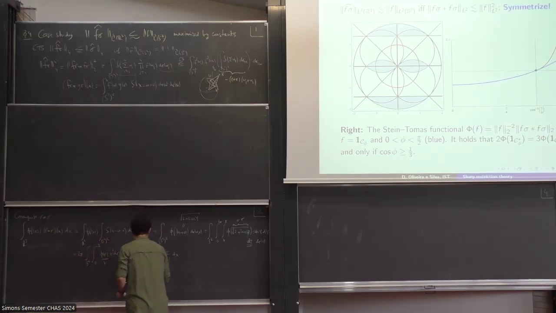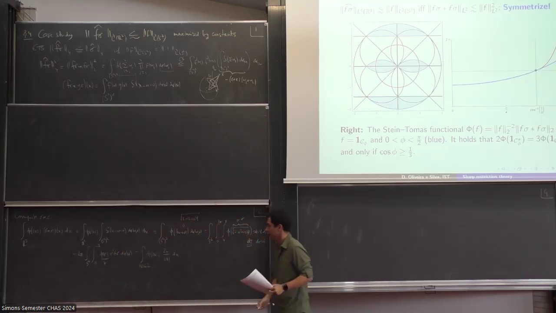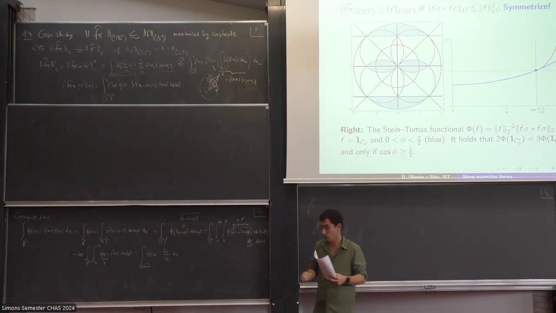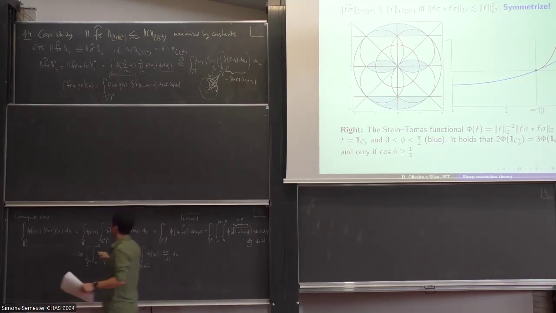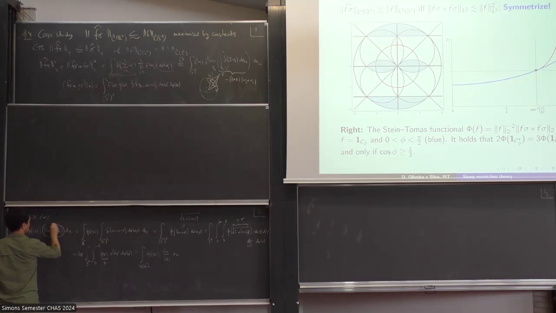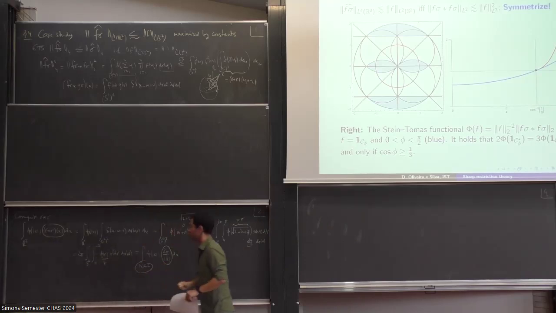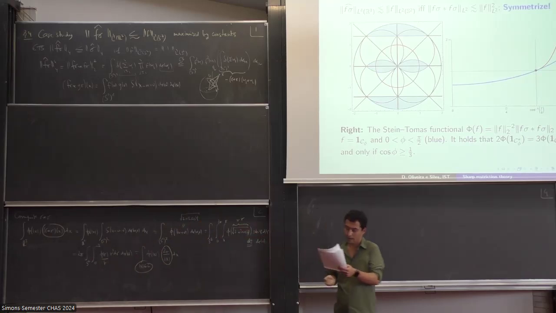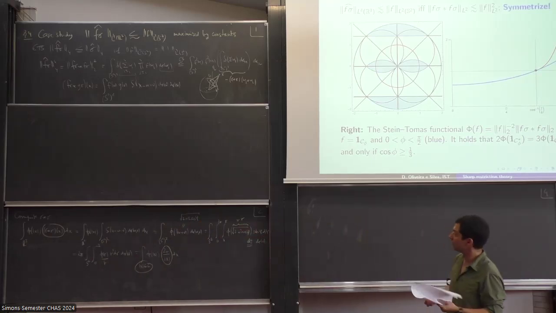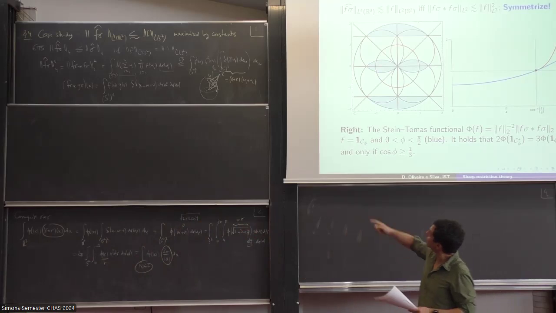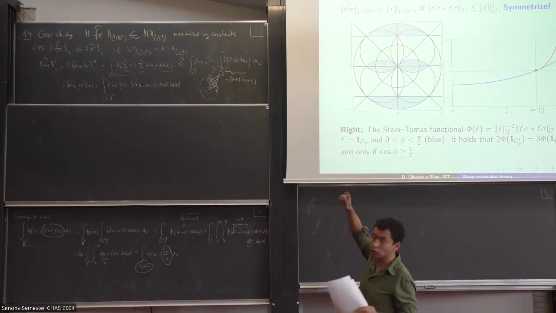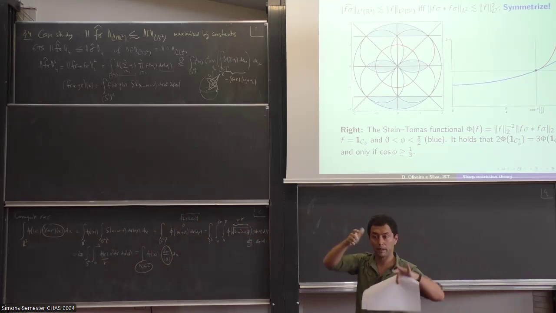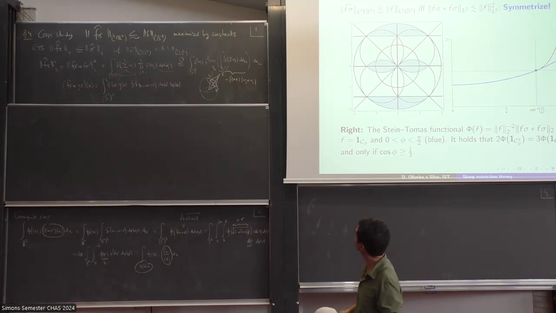This is an integral over the whole of R3. This is true for any radial function. And the conclusion is that sigma convolved with sigma is just 2 pi divided by the length of omega 1 plus omega 2.